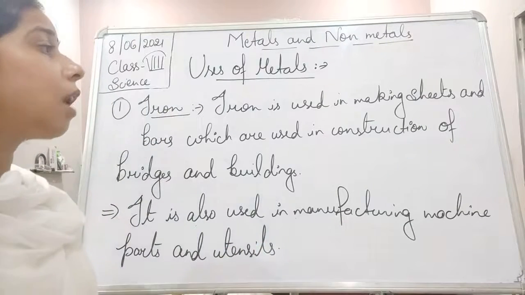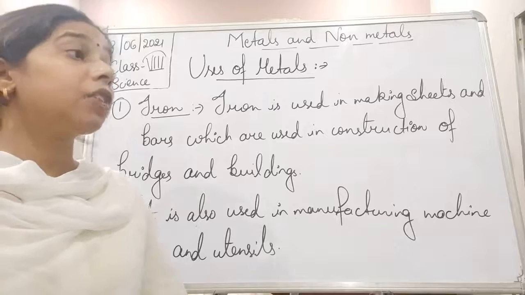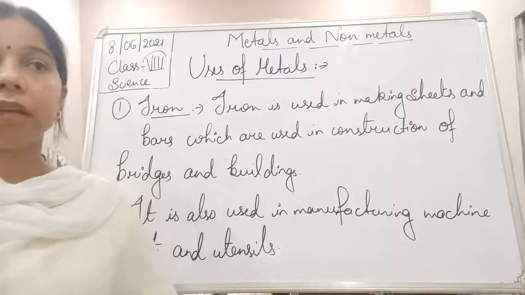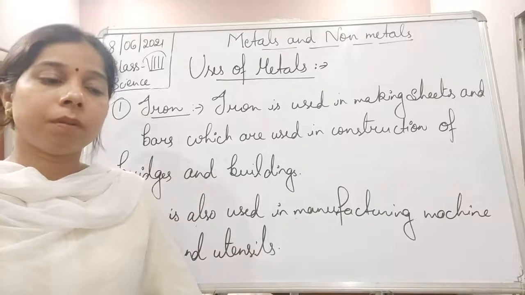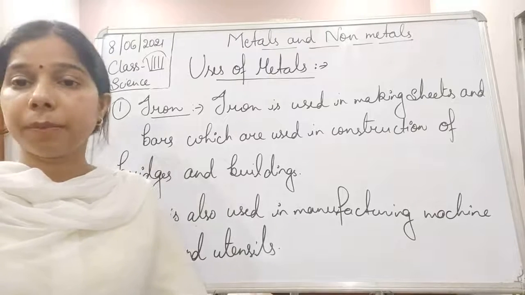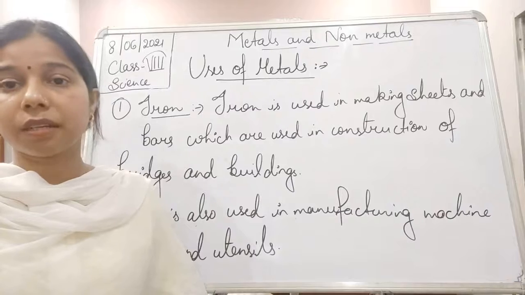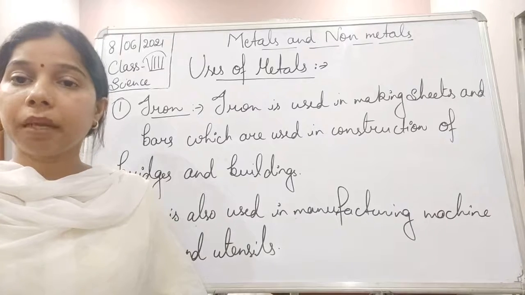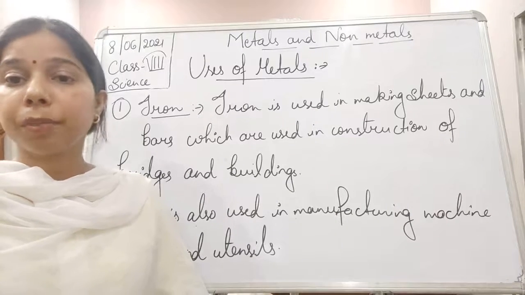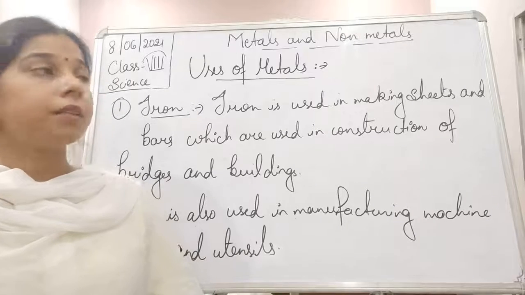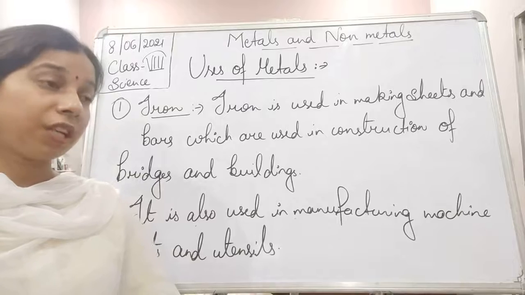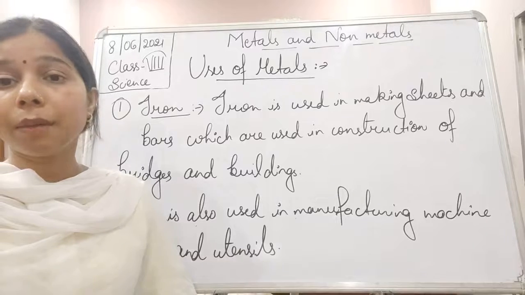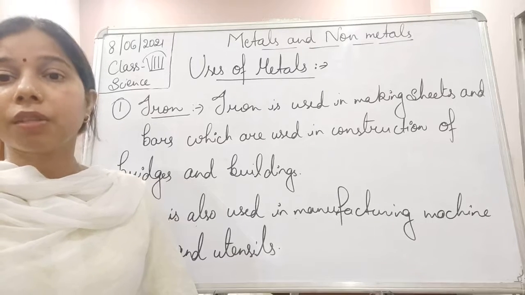You see, students, iron is used in making sheets. We all know that metals show malleability, and they show ductility also. So being malleable and ductile, they can be drawn into sheets, and because of that they are used in the form of sheets, and you have all heard about the iron bar.